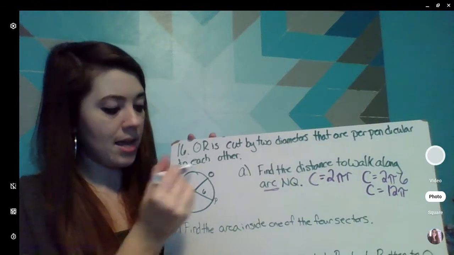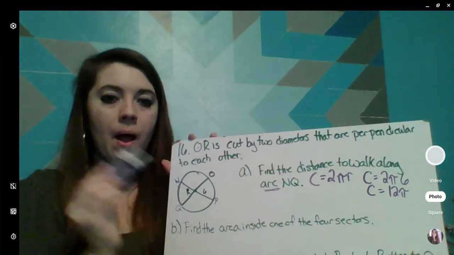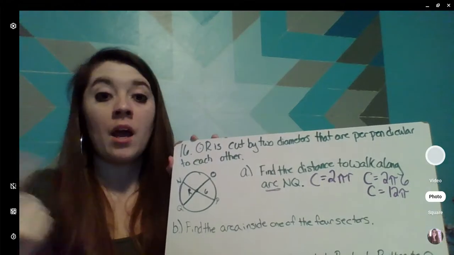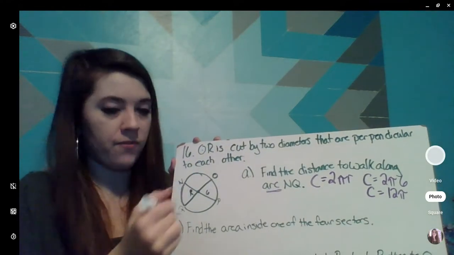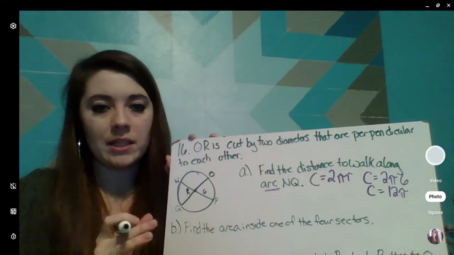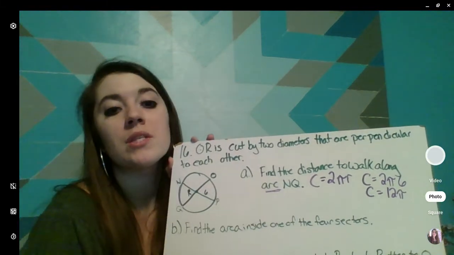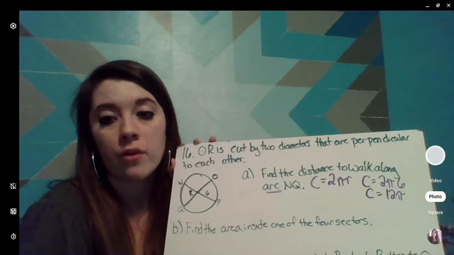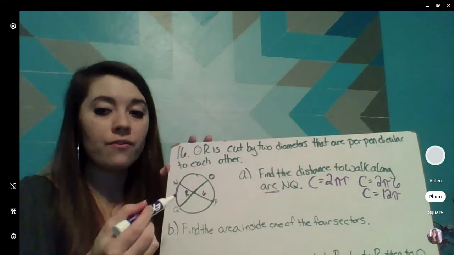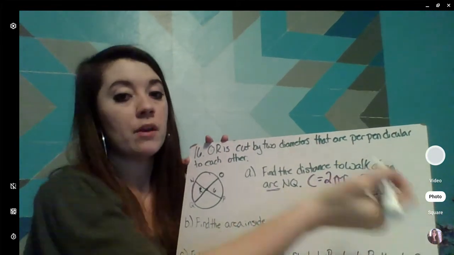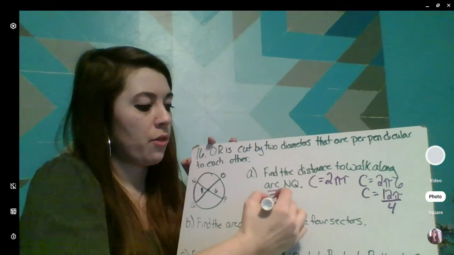So 12 pi is the full distance around the circle, but NQ is just what portion? A quarter of it. It's 1/4. If this were perfectly drawn out, obviously mine's a little off in the drawing, but if this were perfectly drawn out like it is in your books, you would see that it's a perfect fourth. So to find 1/4 of this, we're going to divide by 4. 12 divided by 4 is 3.